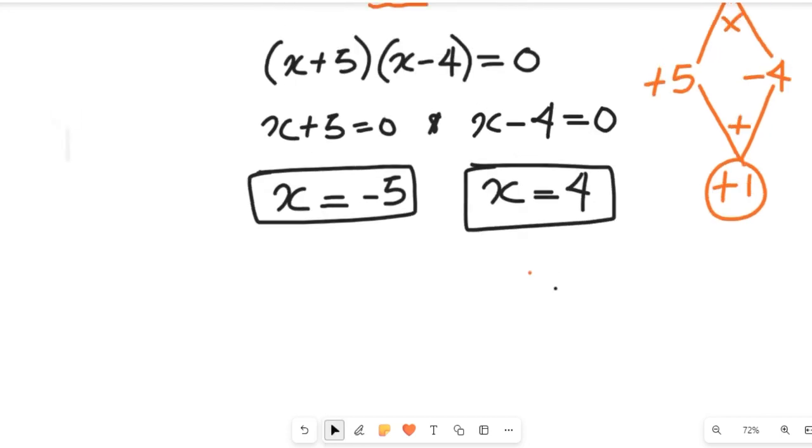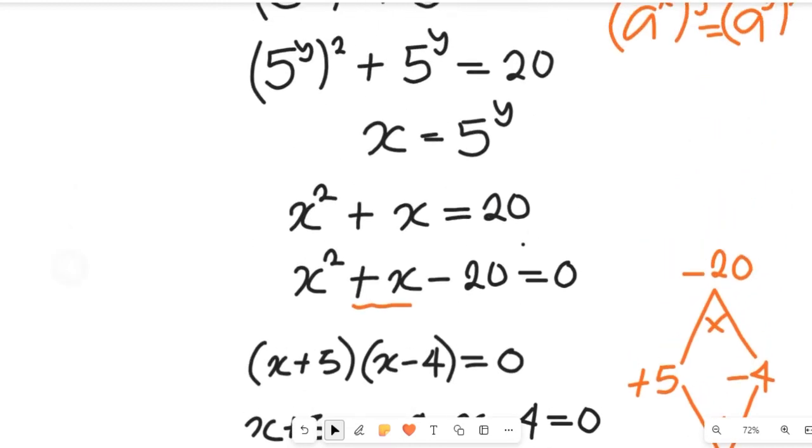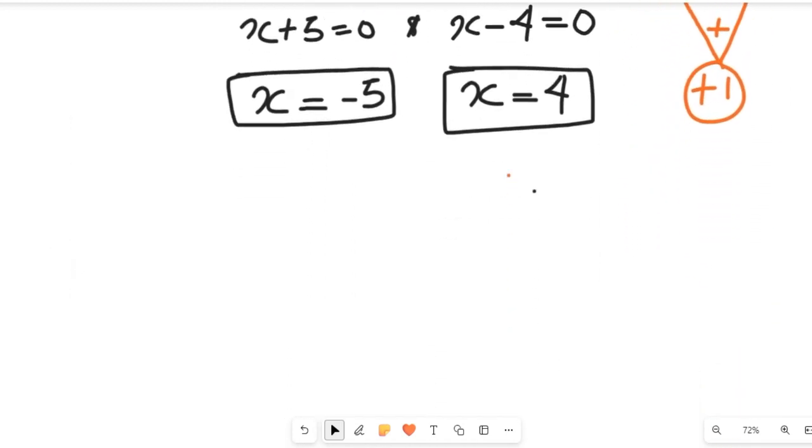Now recall that we let x be equal to 5 to the power of y, and what we are actually looking for is y. So we can simply substitute the values of x, which are negative 5 and 4, to get the value of y.